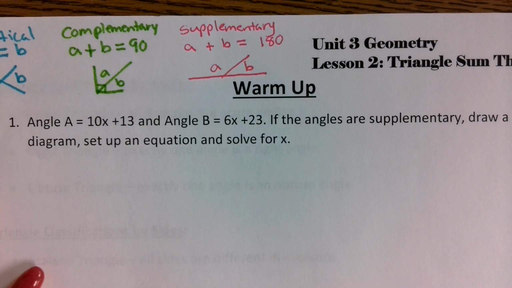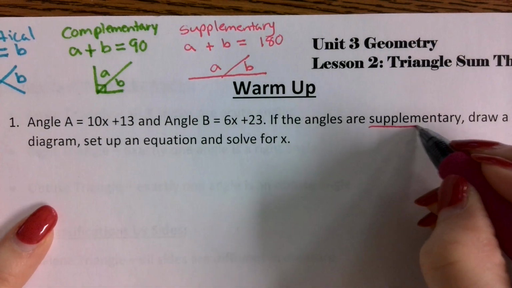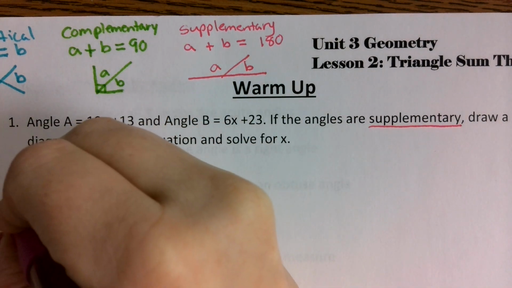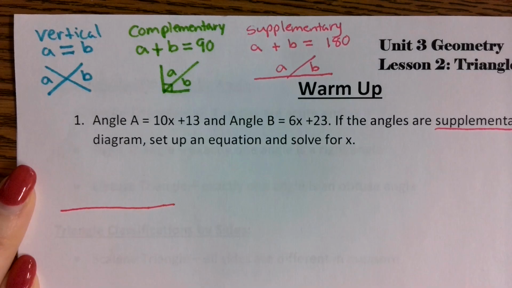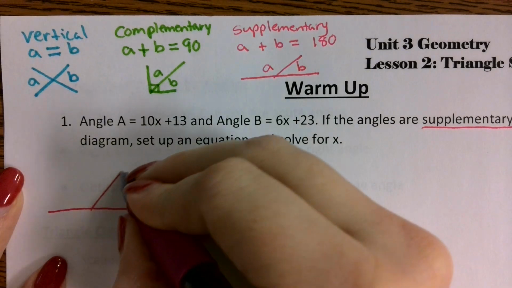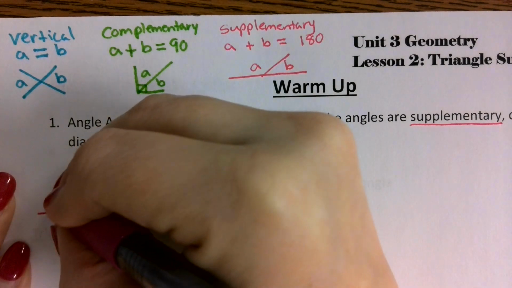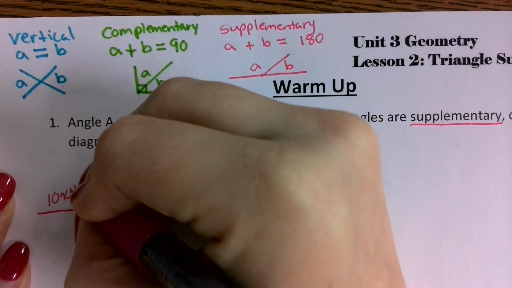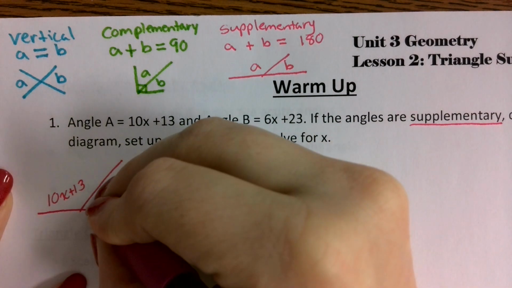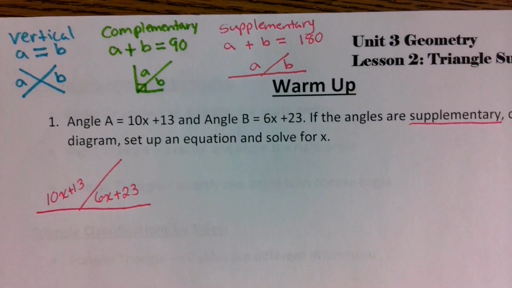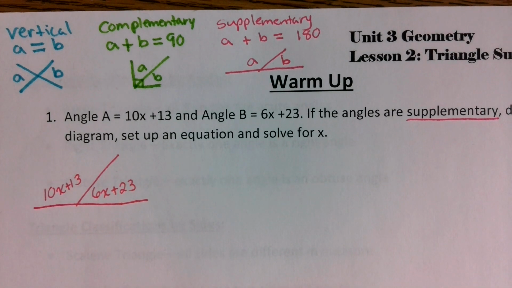We're told they are supplementary, so I'm going to draw a straight line with a ray coming out, and label the angles 10x plus 13 and 6x plus 23.